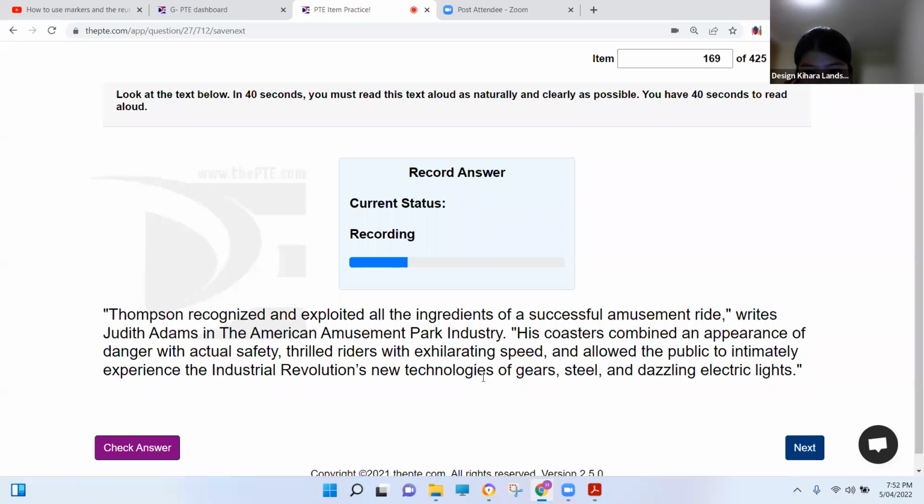His coasters combined an appearance of danger with actual safety, thrilled riders with accelerating speed, and allowed the public to intimately experience the industrial revolution's new technologies of gears, steel, and dazzling electric lights.